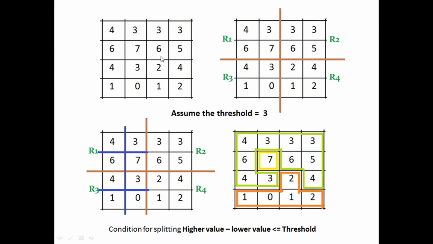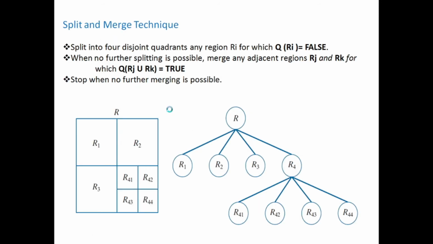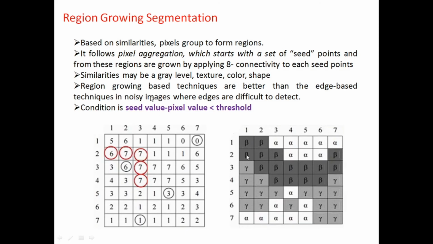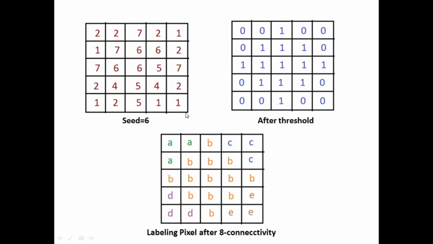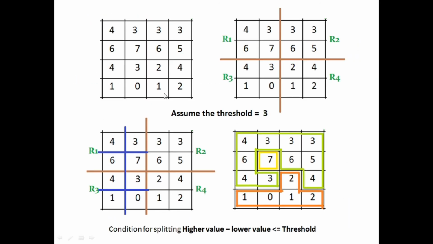As in region growing segmentation, some condition also has to be adopted here: the higher value pixel minus the lower value pixel should be less than the threshold. You can see in this image the higher value pixel is 7 and the lower value pixel is 0. So 7 minus 0 is 7. Is 7 less than or equal to 3? It is false.